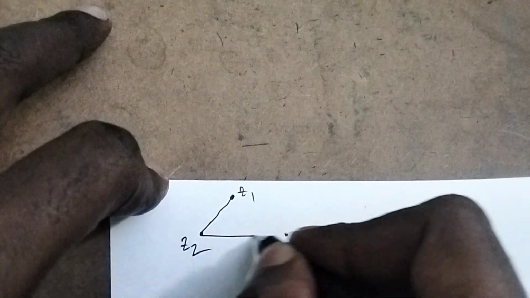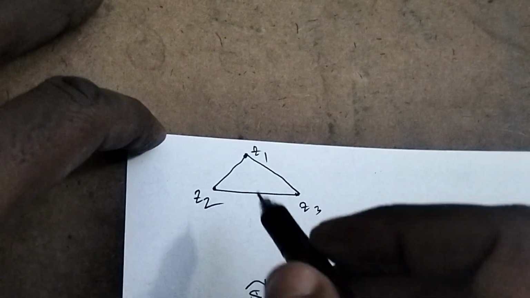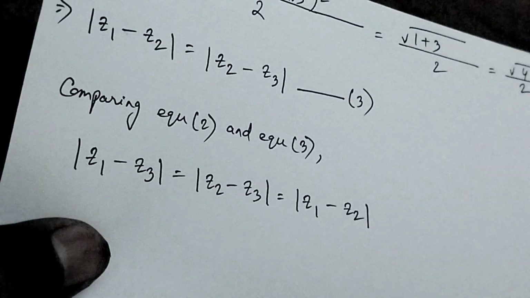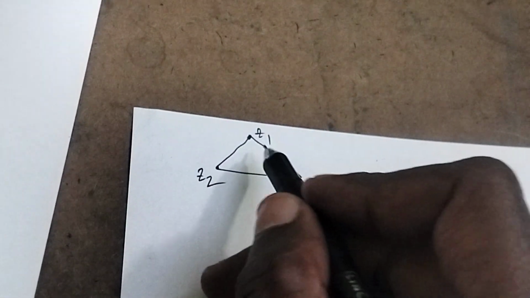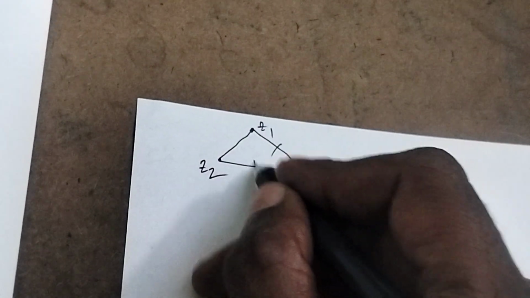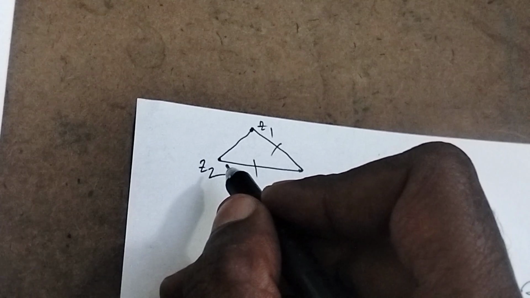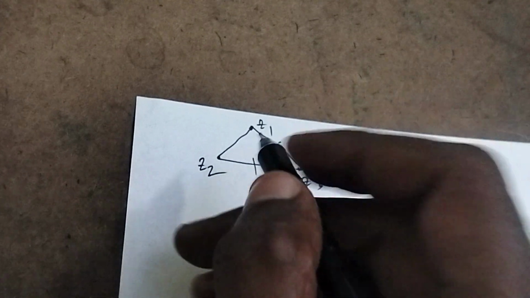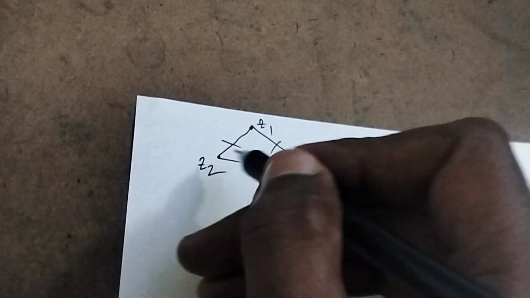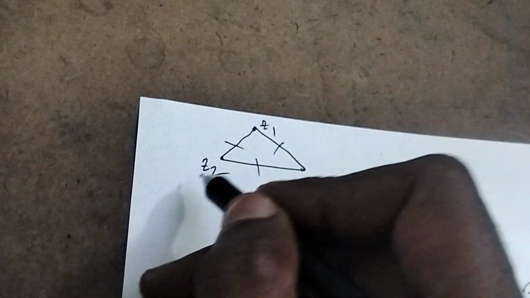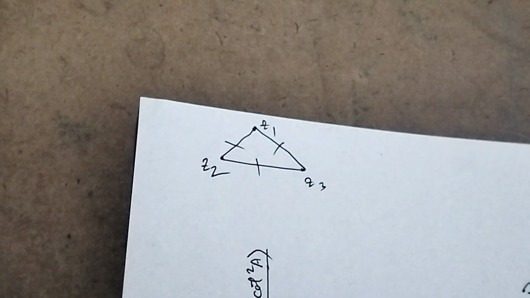The distance between z1 and z3 is the same as the distance between z2 and z3, which is the same as the distance between z1 and z2. That means the three sides are of equal length, so these 3 points are forming an equilateral triangle, right?